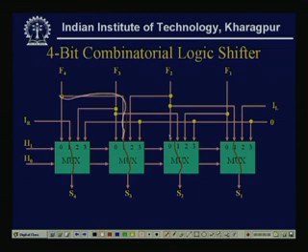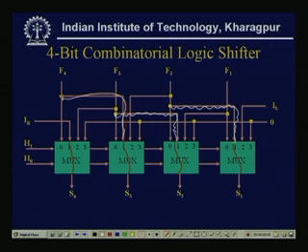Similarly, this is F3, that is fed to the first input of S2, and for the 0 1 combination, it is passed to S2, and F2 is passed as S1. So, what is it actually doing?